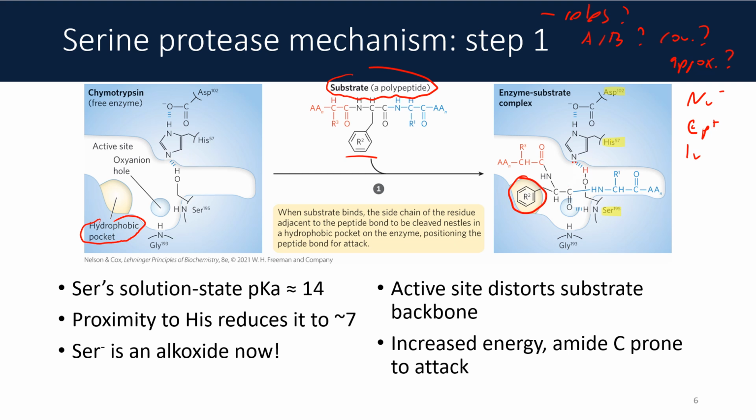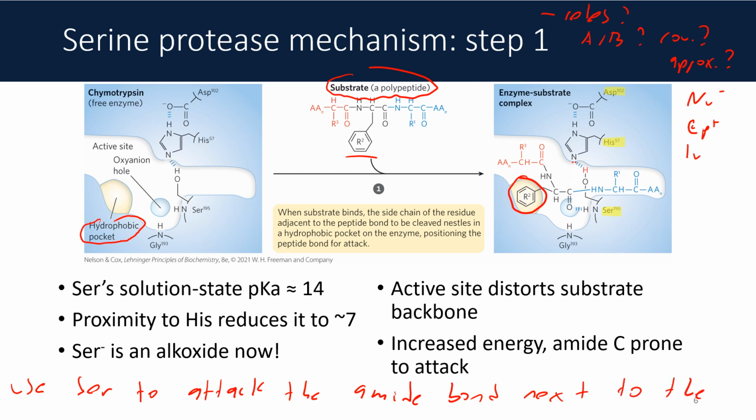Let us now remind ourselves what the chemical goal of the serine protease is, and that is specifically to use serine to attack the amide bonds next to the binding site.